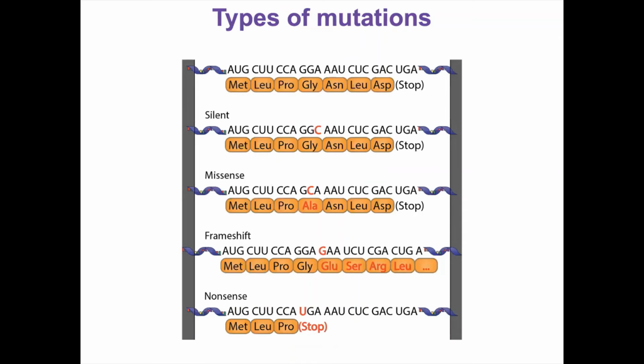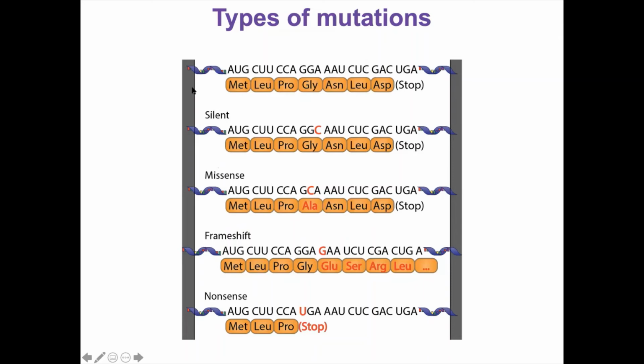So now, given that information, we can think about how a different type of mutation may affect the protein. What's being shown in this image is, for all 5 of these rows, more or less the same RNA sequence.